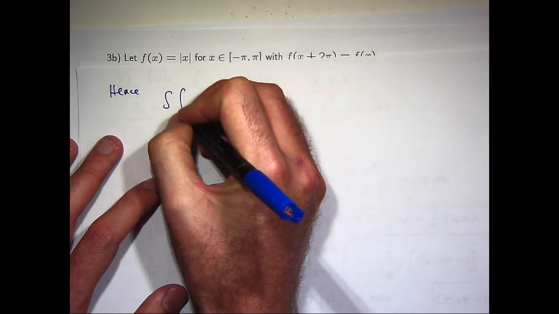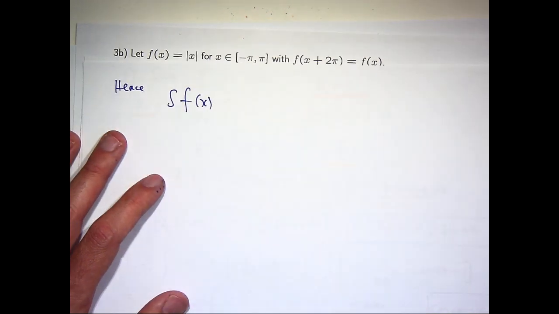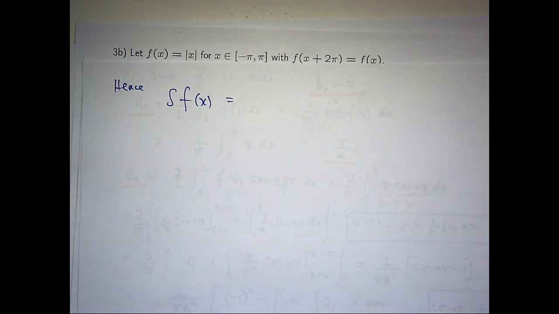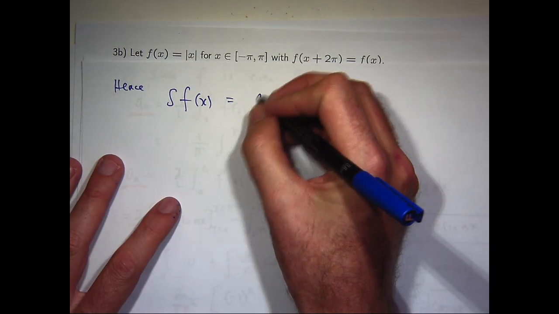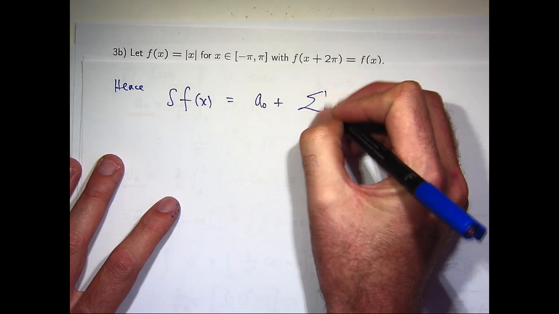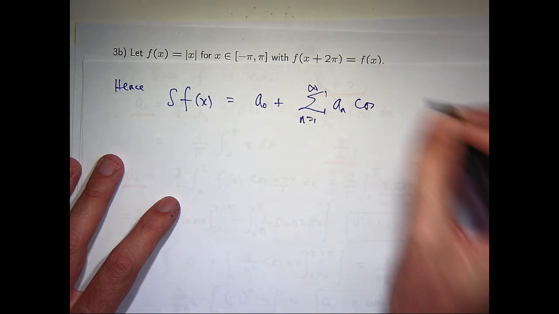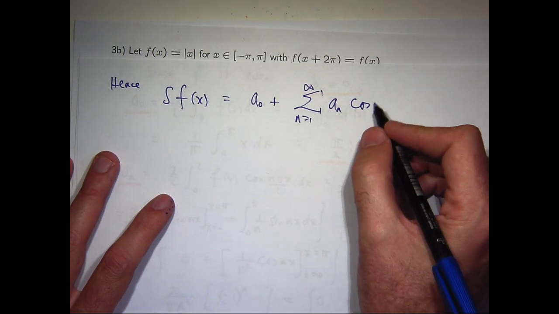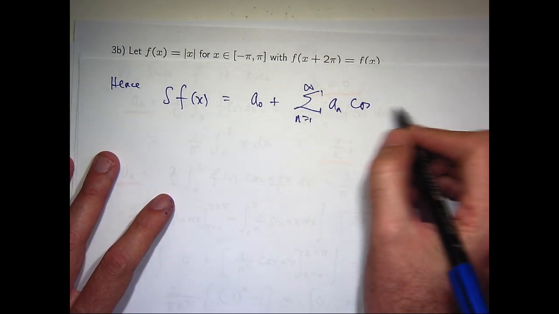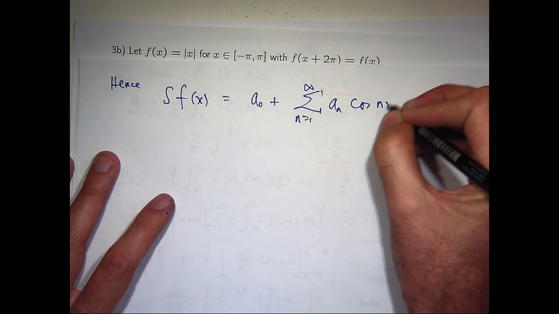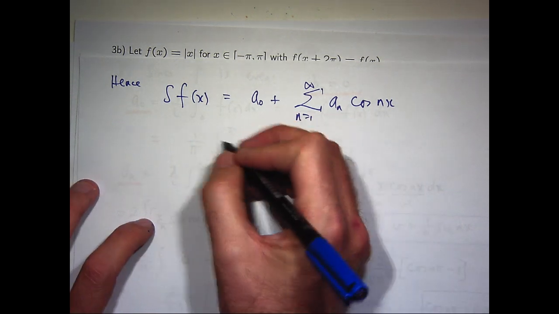I like using S f of x to denote the Fourier series of a function f of x. So in this case, it's the following. Now, again, it will be cos n pi x on L. L equals pi, so it'll just be cos n x. Let's substitute in.